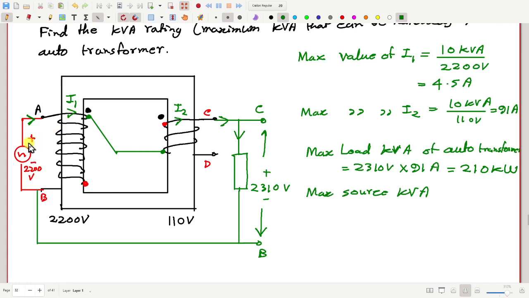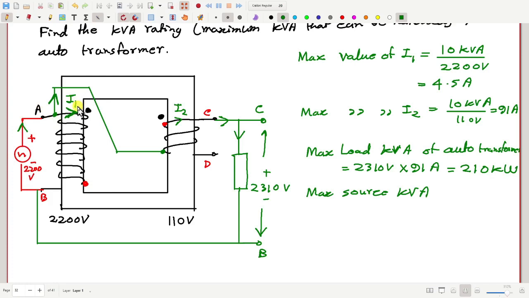But it will be better visible if, instead of connecting that here, I put it here, basically the same place. Now the coil current can be maximum 4.5 ampere, but I may pass more current through this other path, so this source current can be more than 4.5 ampere.